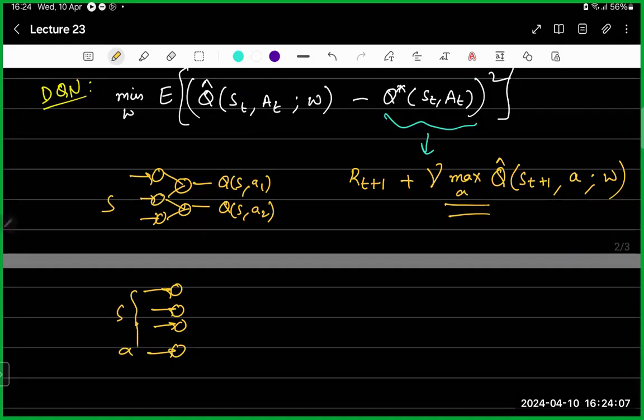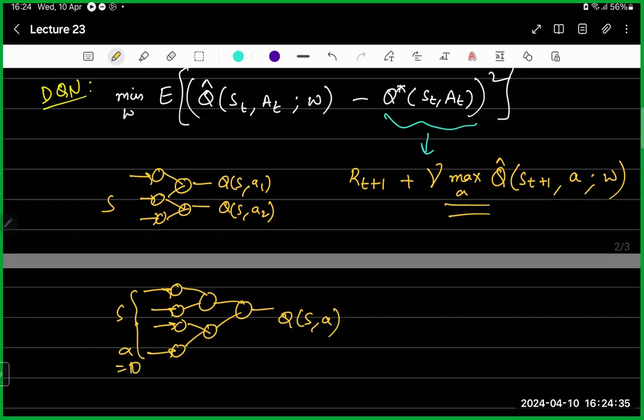You input that also here, then you'll get one value, which is Q of S comma A. So once you input A equal to 1, you will get the action value for the left action. Then you do one more forward pass. You again input A equal to 0. Then you will get Q of S comma 0.